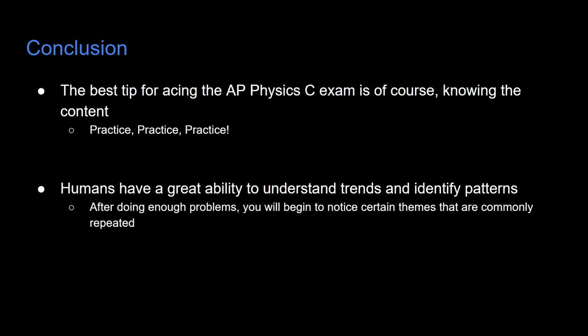Hopefully this gives you some tips to send you over that next score boundary you're looking for. Because if you add up all the little tips we did today, it can certainly take you from a 4 to a 5 if you answer all those questions. Those are just some things to focus on.